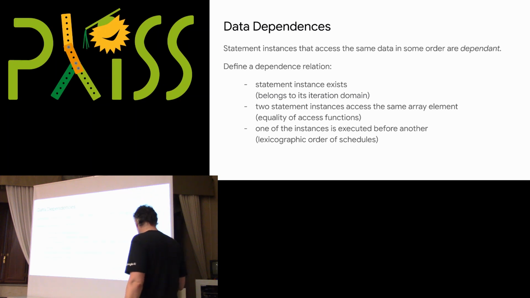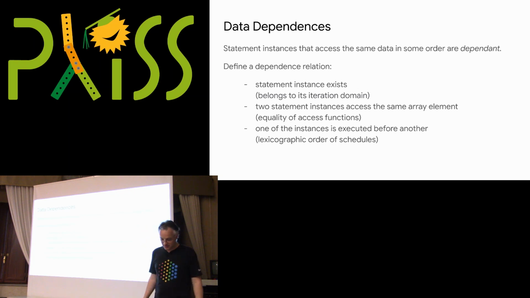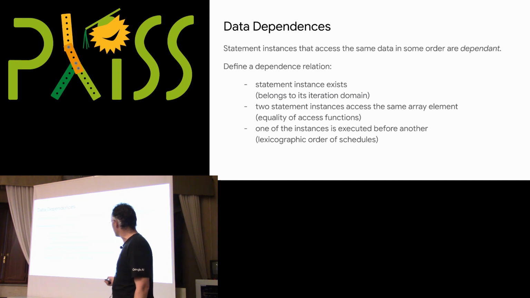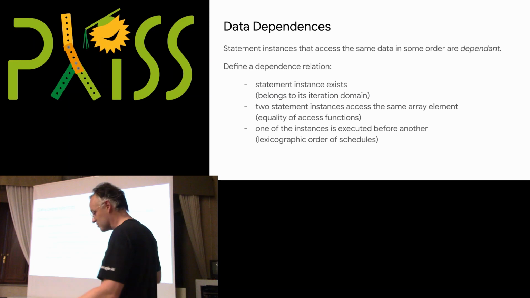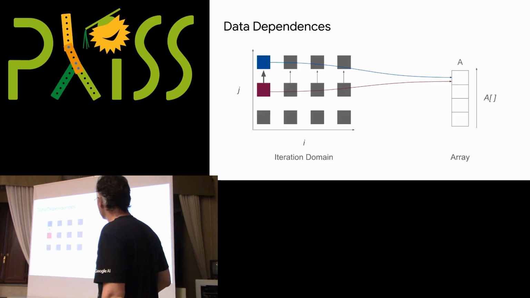You can also ask for these accesses to be ordered in a certain way, because that's everything that matters in the end. This boils down to expressing the lexicographic order on the iteration vectors. We have already seen that before. So the only novelty here is that you add the constraint that two statement instances, belonging to different iteration domains, have to access the same memory element.